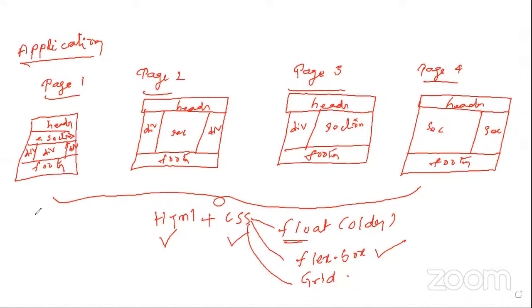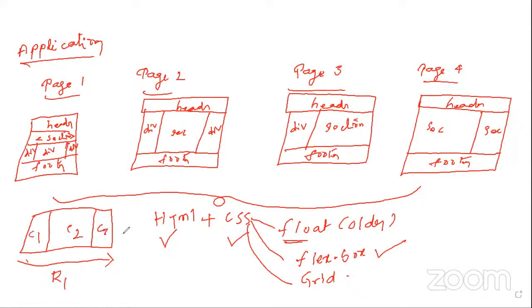A layout is nothing but, if you have maybe 1 acre of space, why do I have this space? Think about it. I have an empty space. In this empty space, how many partitions are we going to divide? Now, if you consider this whole section, if I consider that this is row R1, then this is called C1, column 1, column 2, and column 3.